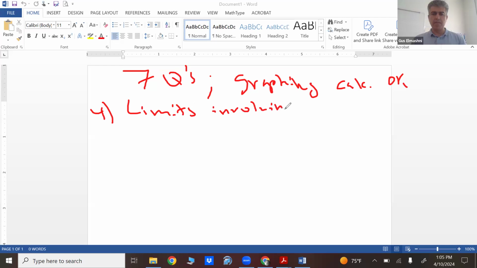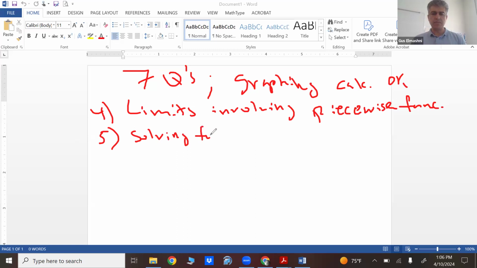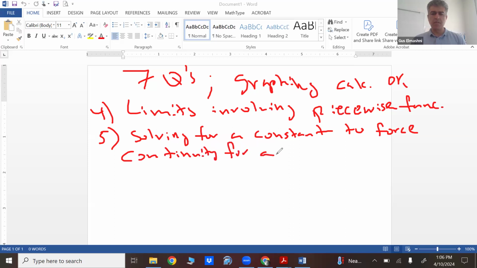Limits involving piecewise functions. This is from the homework we just did.